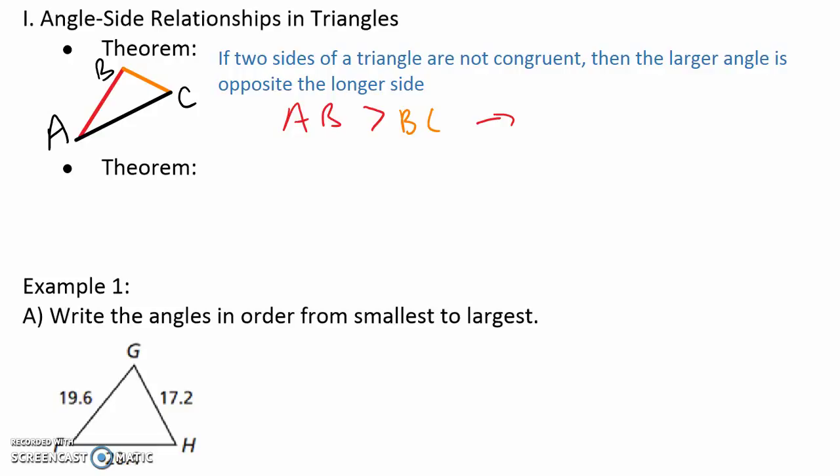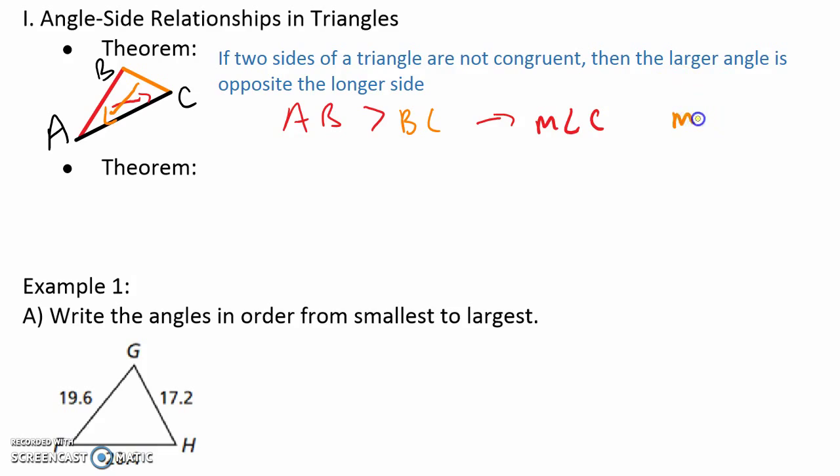Well, AB, this red side, does not touch C, so it's opposite angle C. So the measure of angle C is related to AB. Now what would be opposite BC? Hopefully you're seeing the angle opposite BC is angle A.